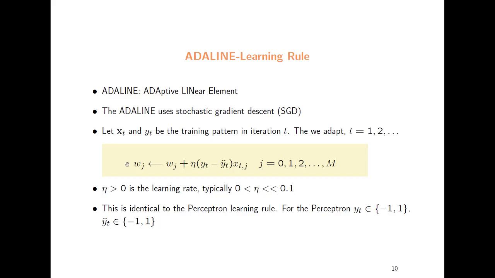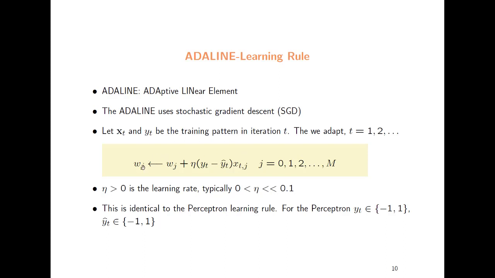In the appendix, I showed you that the perceptron learning rule can be written in this form, but for the perceptron, the target can only be -1 or 1. And of course, the prediction would also be only -1 or 1. In the Adaline, y(t) and y hat(t) can assume any scalar number.